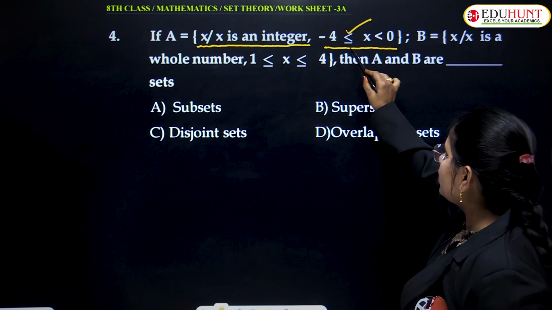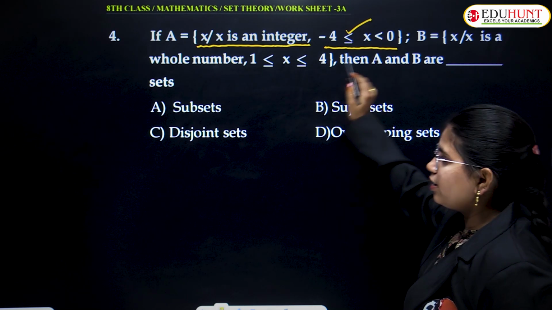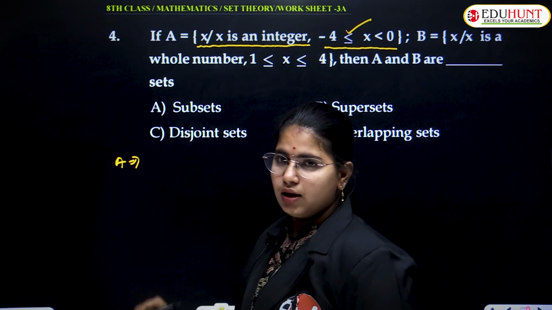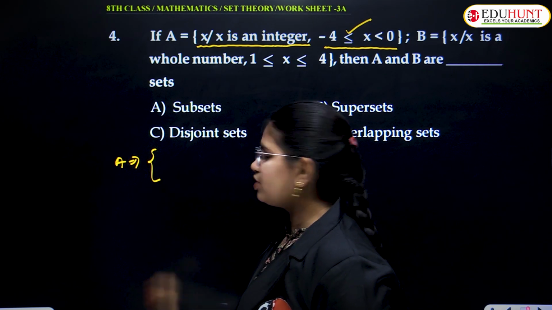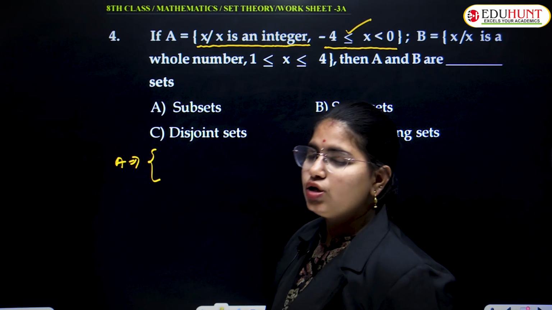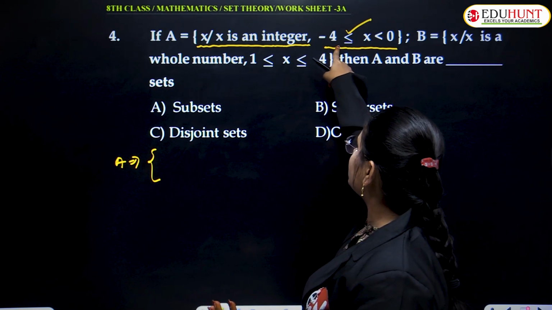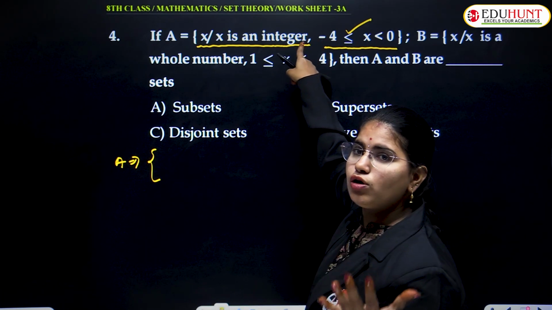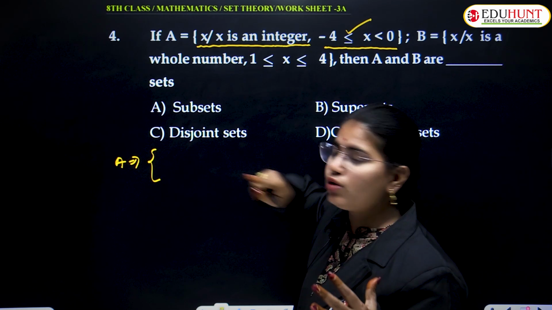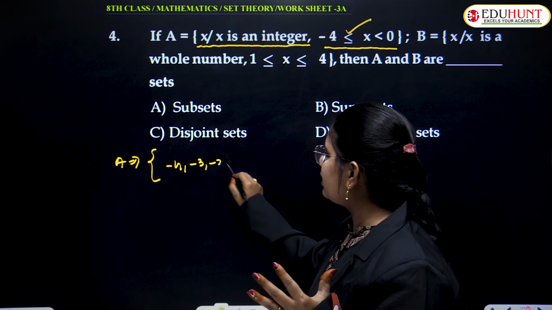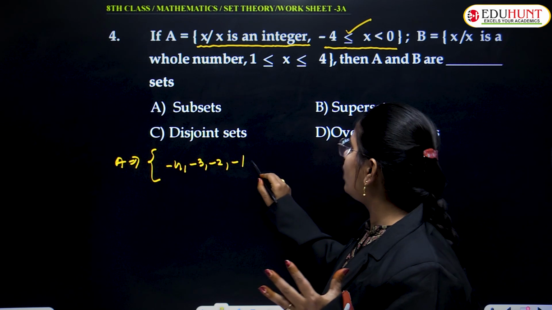Let us write down the elements of the set A first. X should be an integer. You know what integers are, right? So what are such integers? X is an integer starting from minus 4, so minus 4 will be the first number, then minus 3, minus 2, minus 1.